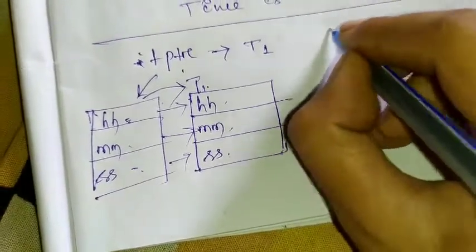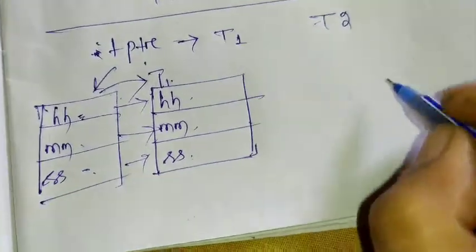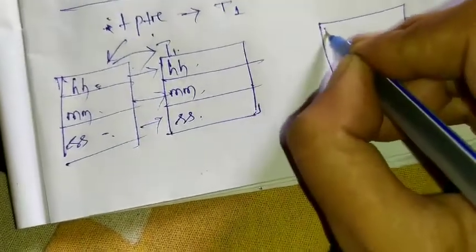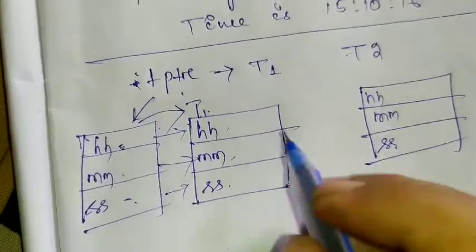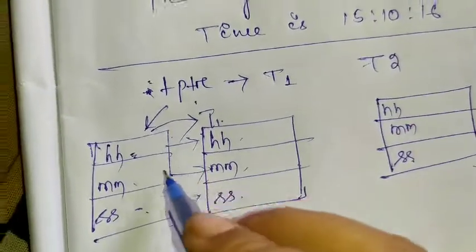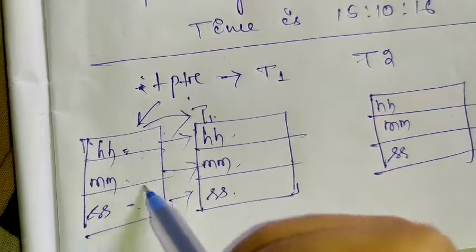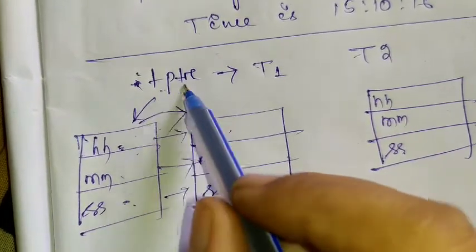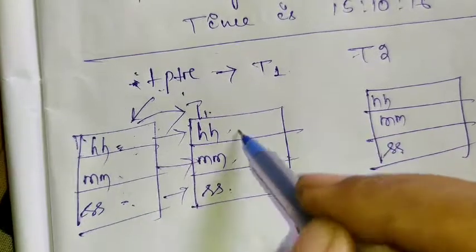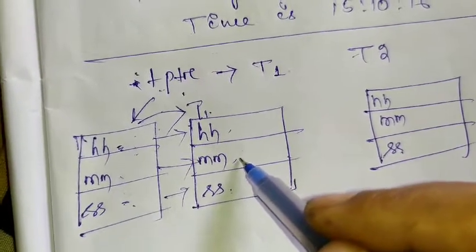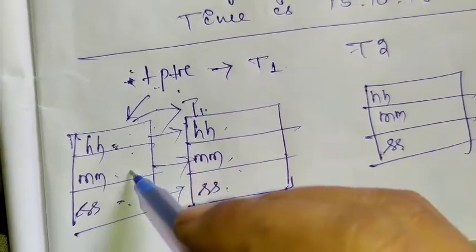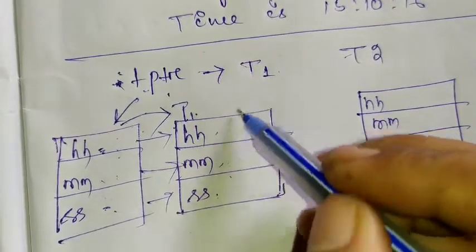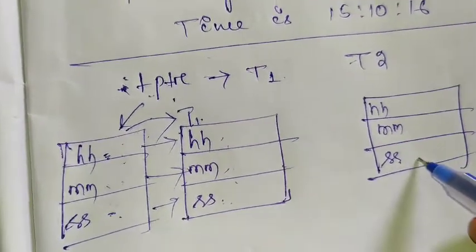But when we create another object T2, with hour, minute, second, if we change the hour, minute, second of the tptr object, then T1 will be automatically changed, or vice versa. If we change T1, then tptr will be changed. But if we change T1, T2 will not change.